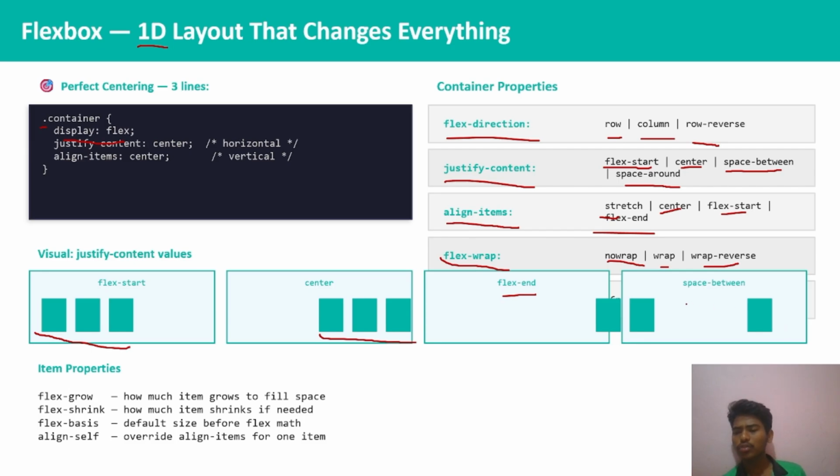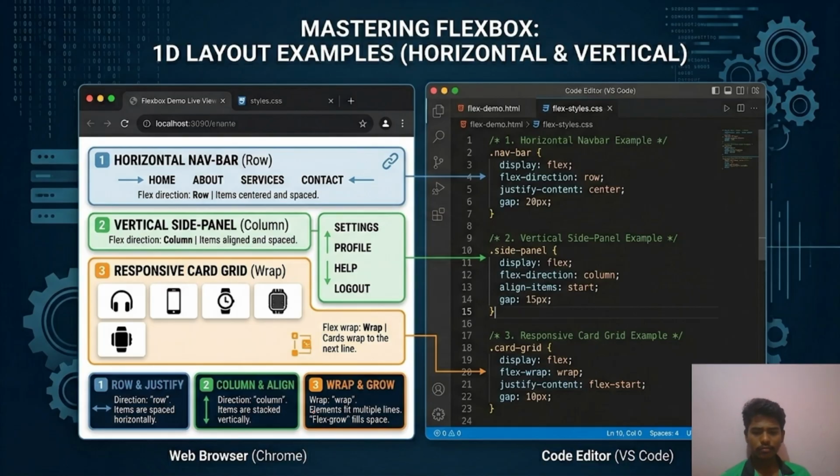When we use space between, it will be in between. In that same way, you can understand it. Flex grow means how much the item grows to fill the space, and flex shrink means how much the item shrinks if needed. Flex basis means the default size. Go through the example, and take a screenshot of that.